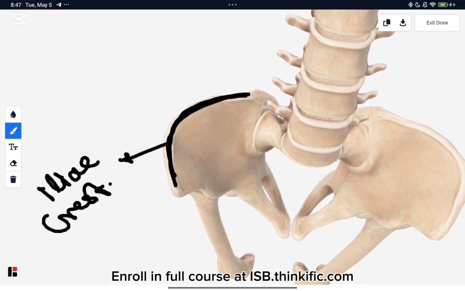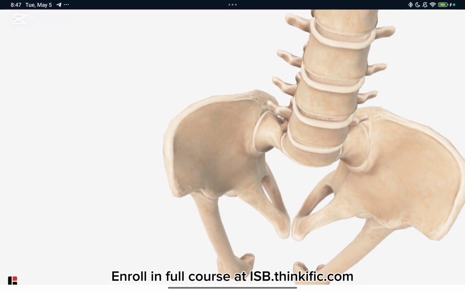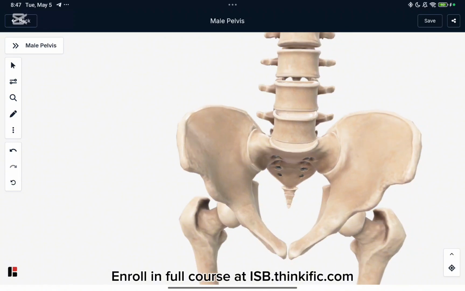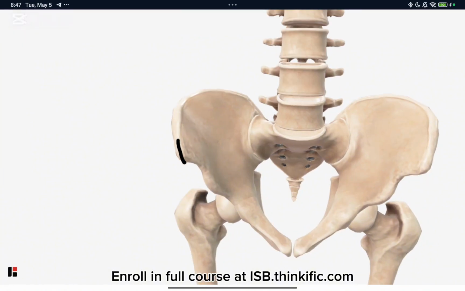Along the anterior edge of it is the anterior superior iliac spine. It is the site of attachment for the inguinal ligament and the origin of the sartorius muscle in the lower limb. And then just under it there's another projection or spine. It's also anterior but below it, so we call it the anterior inferior iliac spine.